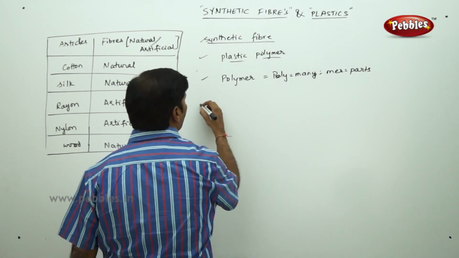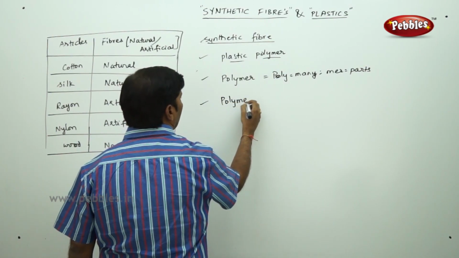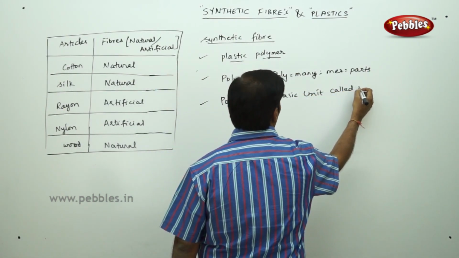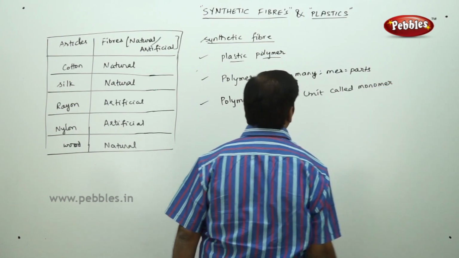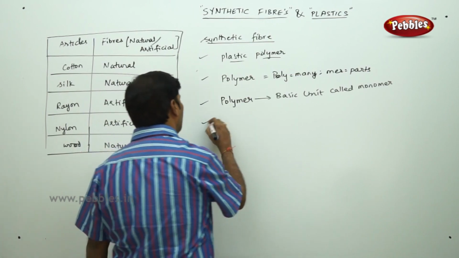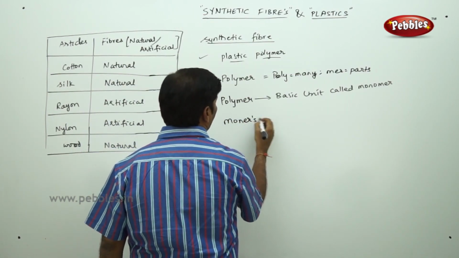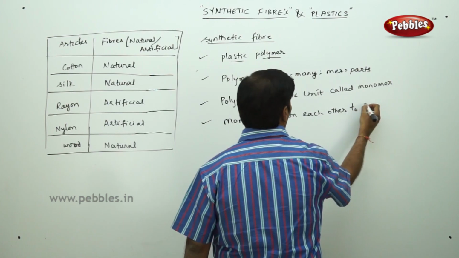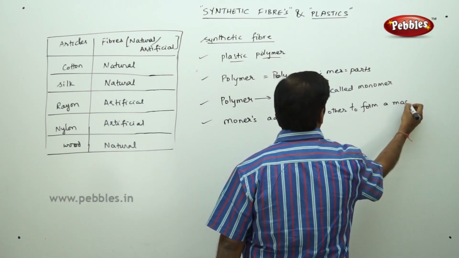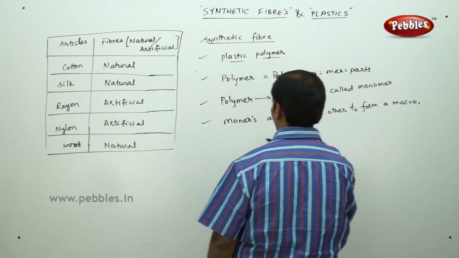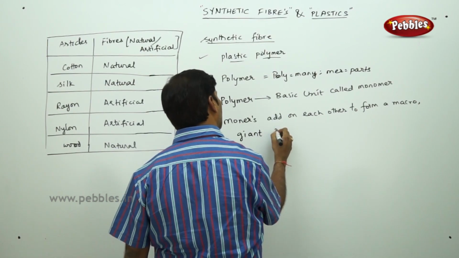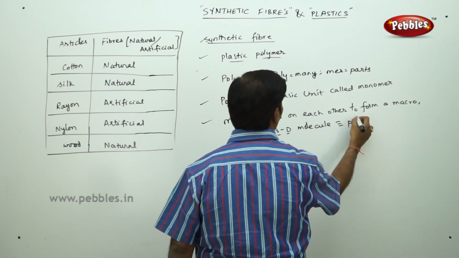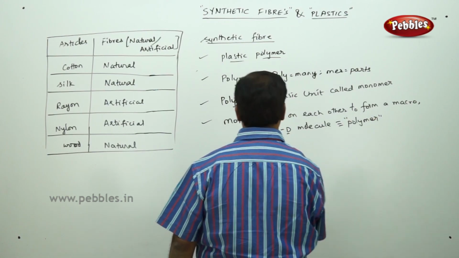So a polymer is made of a basic unit called a monomer, and monomers add on to each other to form a giant three-dimensional molecule, resulting in the formation of a polymer.